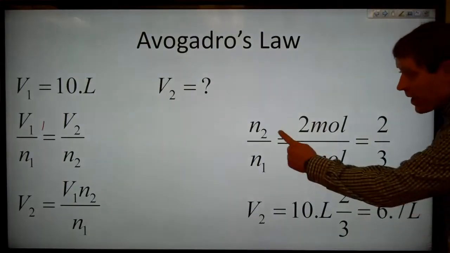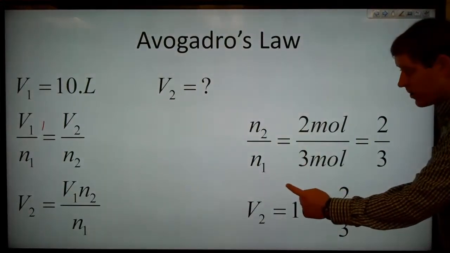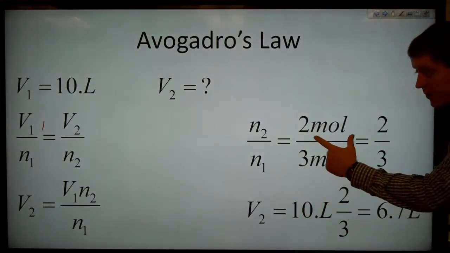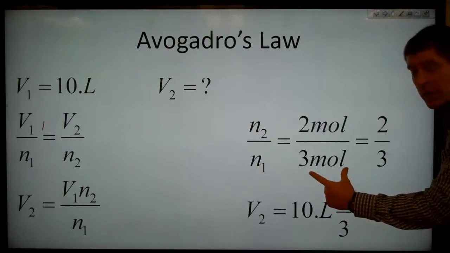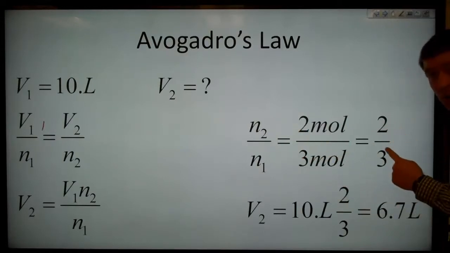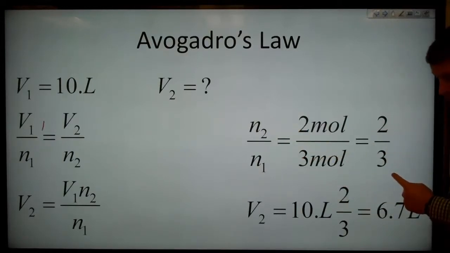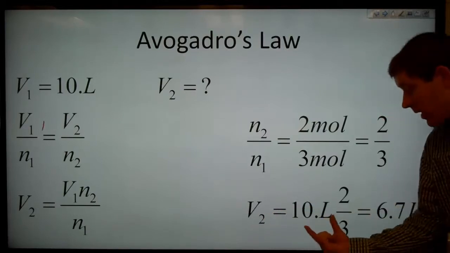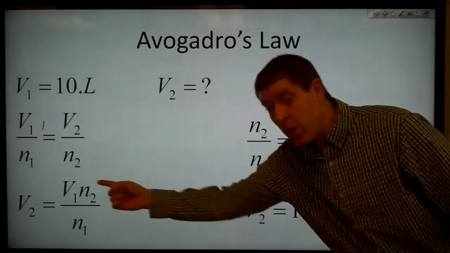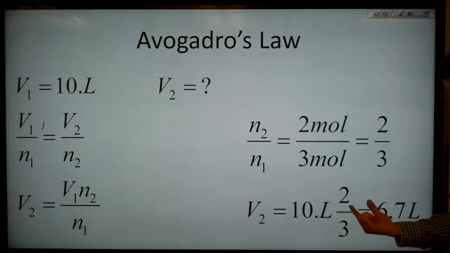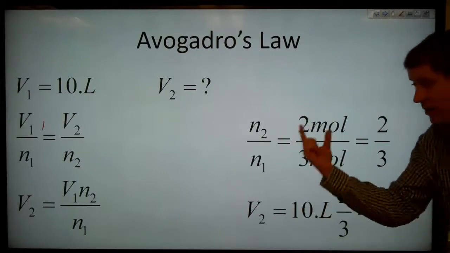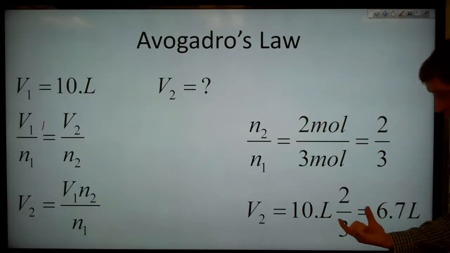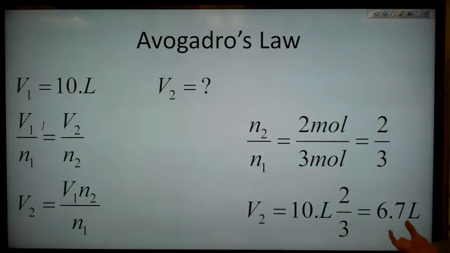Well, we know that N2 over N1 ratio is 2 moles of gas being created from 3 moles of gas. We don't know those values, but we know the ratio is 2/3. And that means that we know that V2 is equal to the 10 liters from V1 times that ratio of 2/3, the N2 over N1. So our volume is 2/3 of 10 liters, which is 6.7 liters. Note that I've rounded there for sig figs.